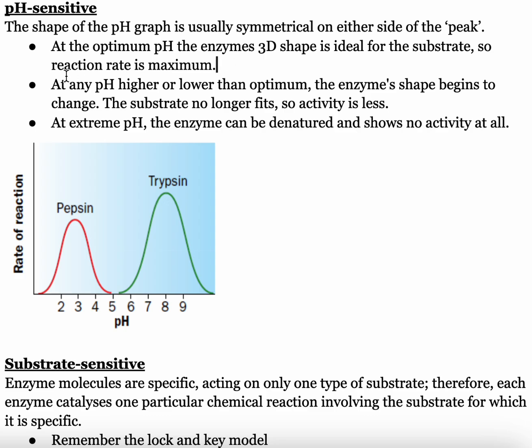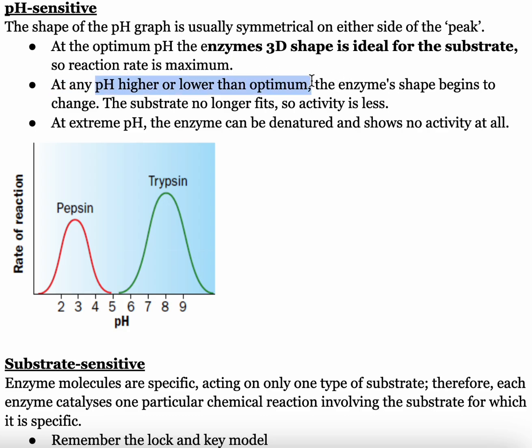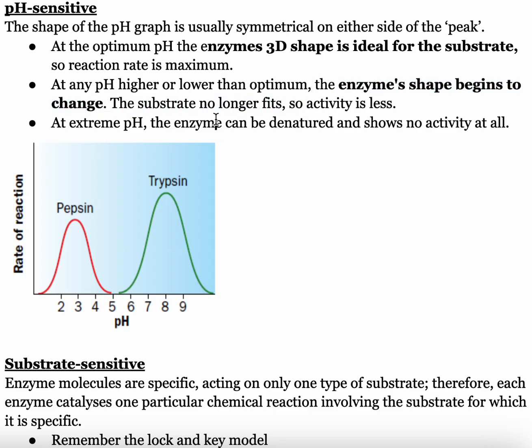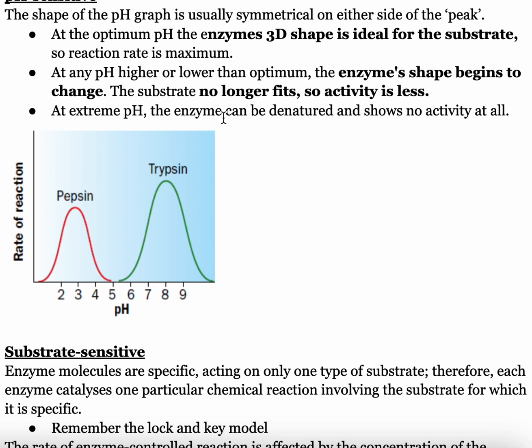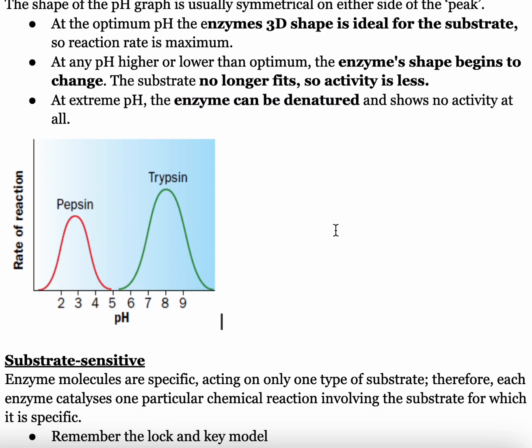At a pH lower or higher than the optimum, the enzyme's shape will begin to change. The substrate will no longer fit, so the activity is less. At extreme pH, the enzyme can be denatured, and that is not good.